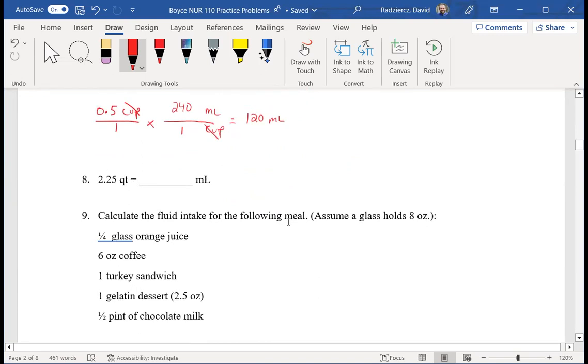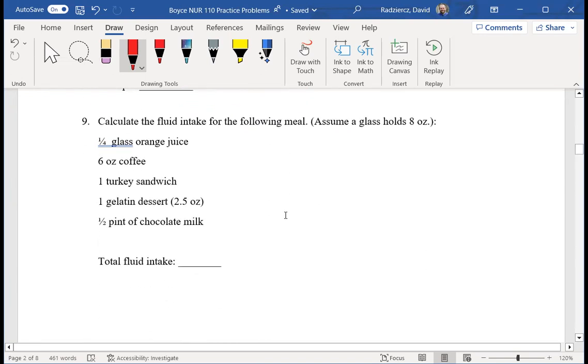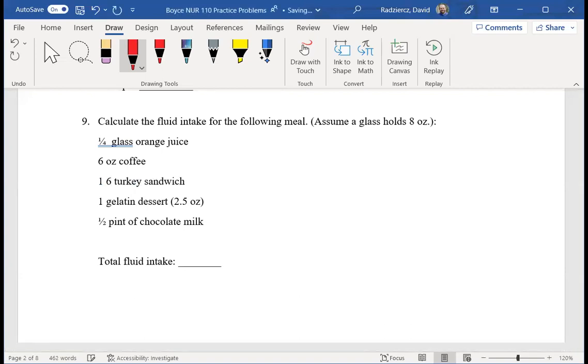I'll let you work through the other one on your own, but let's look at question 9. So this is what this would look like. I'm going to add this as 1 6-ounce turkey sandwich. Now that you know to look for that, and you know that doesn't mean what you think it is.